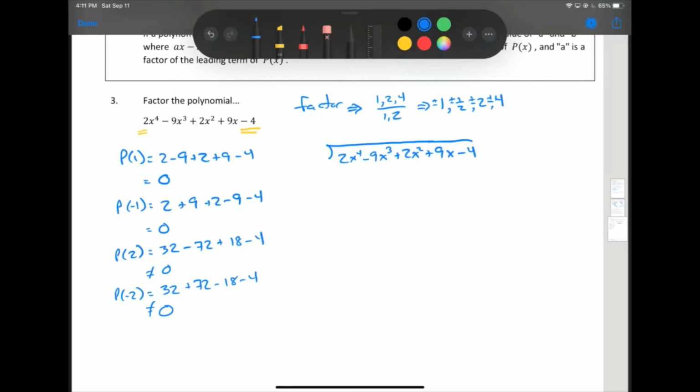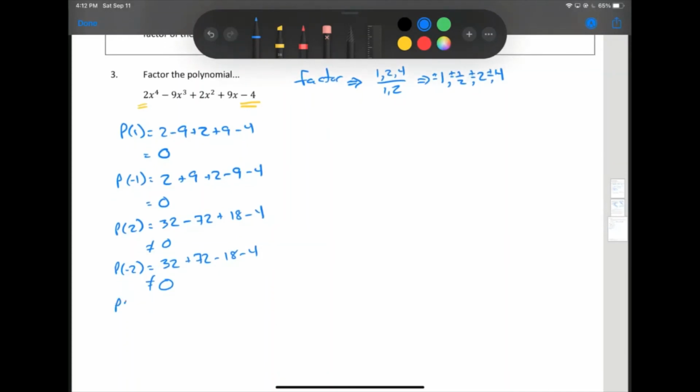Actually, you know what? No, let's not do that. Let's actually try all the factors. Because if we can find 4 different factors, then we're done factoring. We don't even have to do anything else. So this may be a little tedious, but I think it's less tedious than long division.